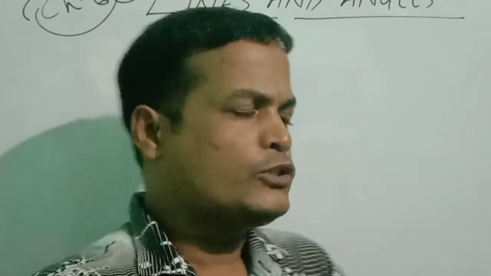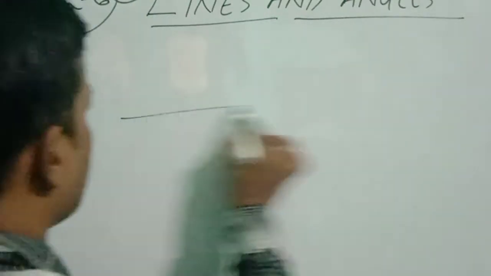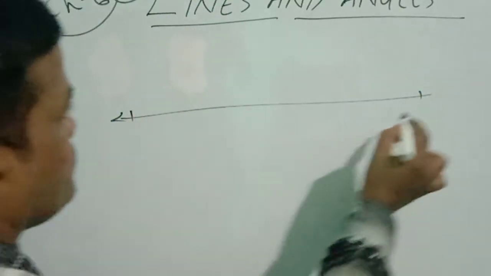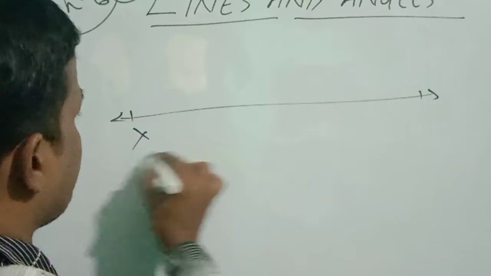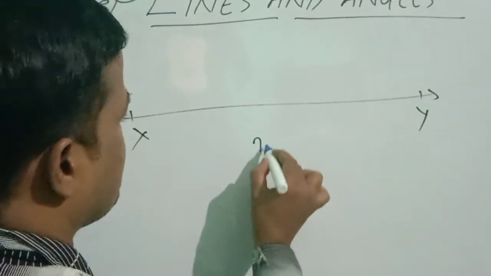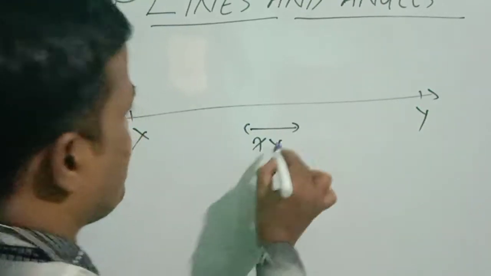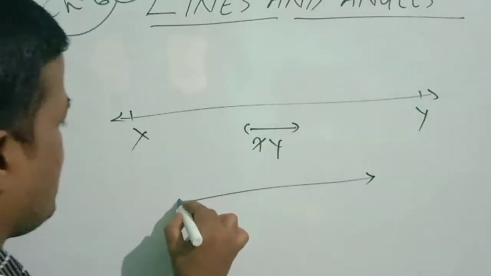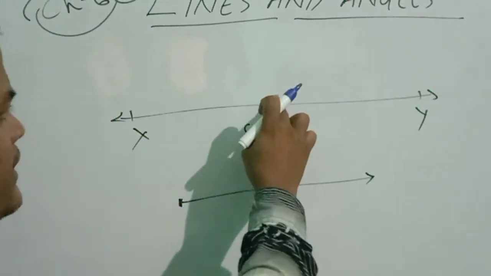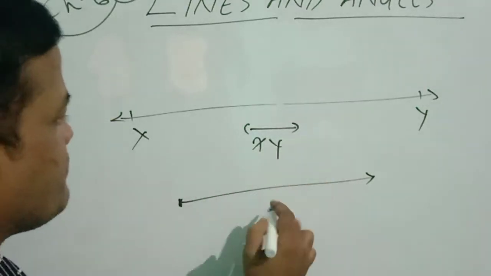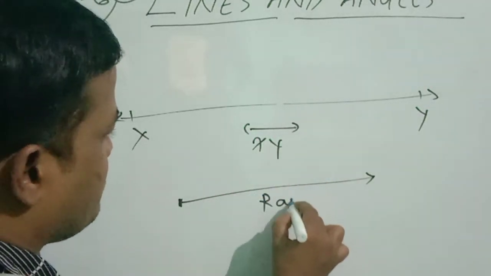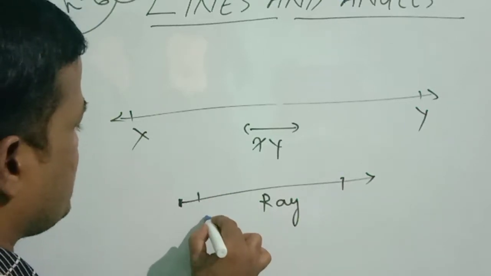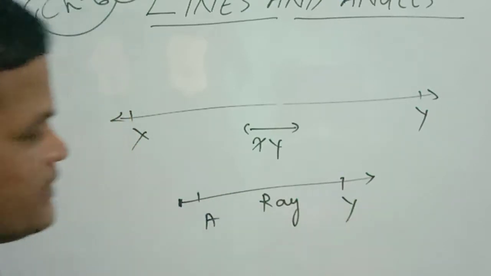Let us start. So we know a line. Let us draw a point here. This is called a line. Suppose X and Y, it is called line XY. Okay friends, if one part of this line is cut, having one endpoint, suppose the line is cut here, then it gives a ray. Suppose you can say AY.